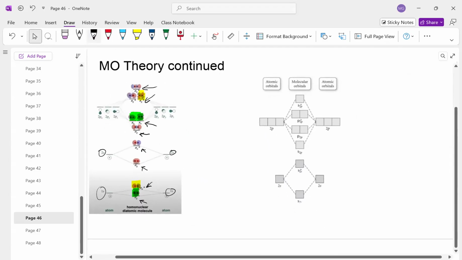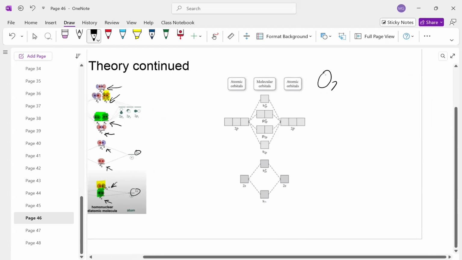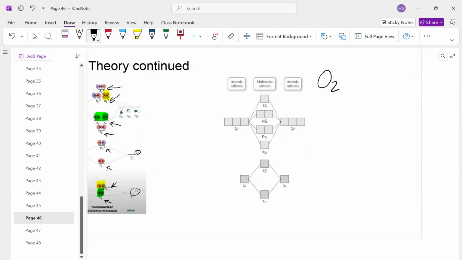So now let's take a look at oxygen. Okay, so we know oxygen is diatomic. We're going to fill up this molecular orbital diagram. In order to do that, we need to know how many electrons are in O2. Each oxygen atom has 6 electrons, so that's a total of 12. Okay, so I'm going to start filling up those 12 electrons.